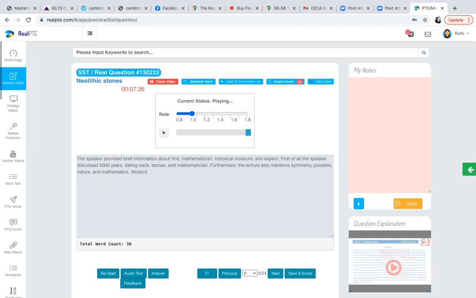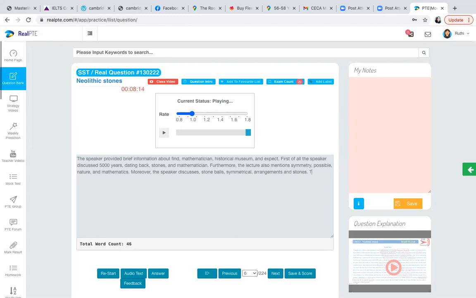Then you say, moreover, the speaker discusses, and you say stone balls, comma, symmetrical arrangements, and stones.